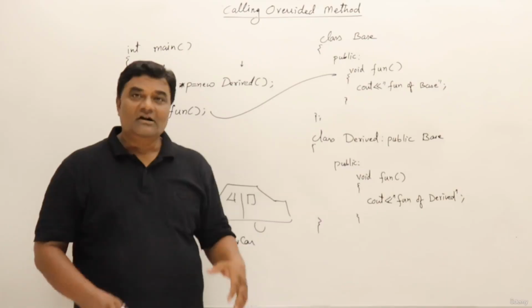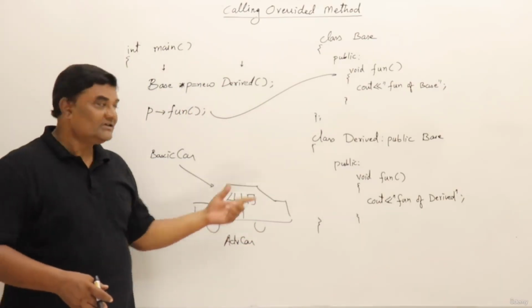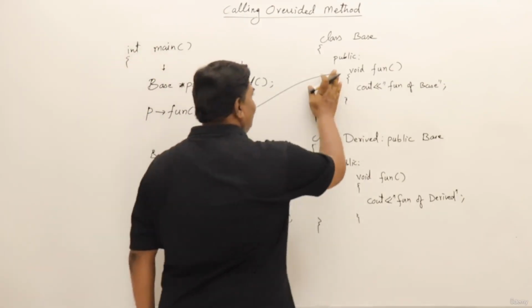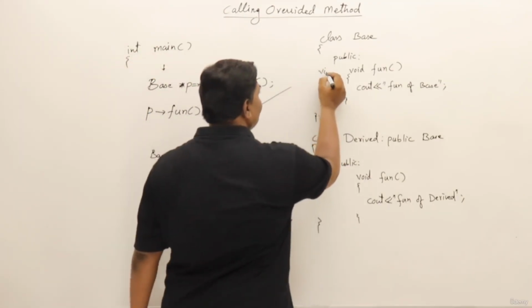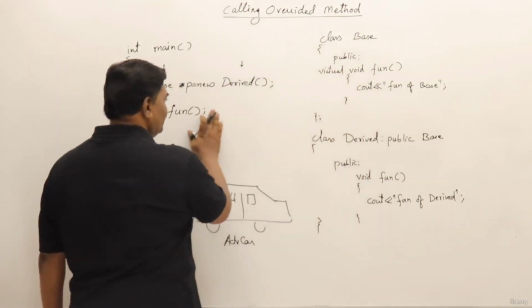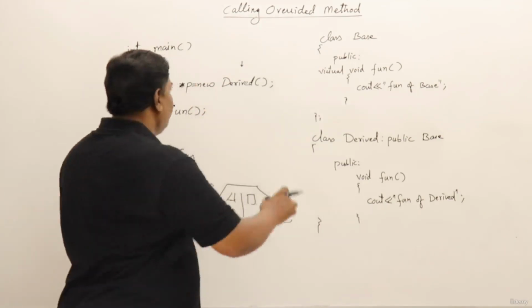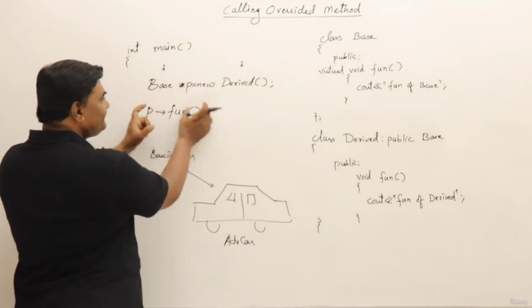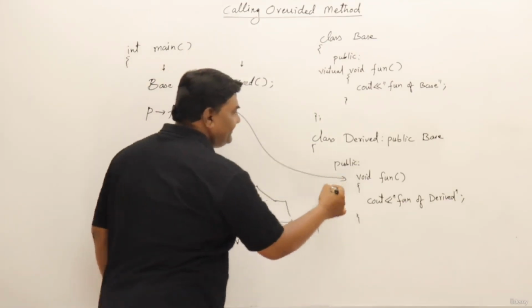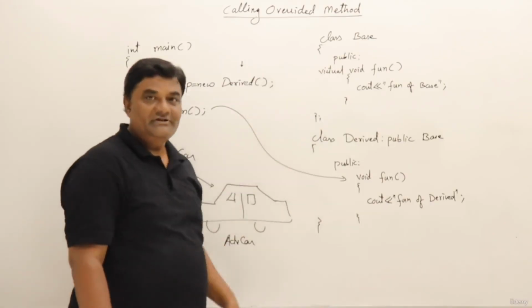That is the meaning. Now let us see how to make the function of derived class execute, not the base class. For this, C++ has a keyword called virtual. Inside the base class, you make the function virtual, and when you override it, if the situation is base class pointer, derived class object and calling this function, then the derived class function will be called.